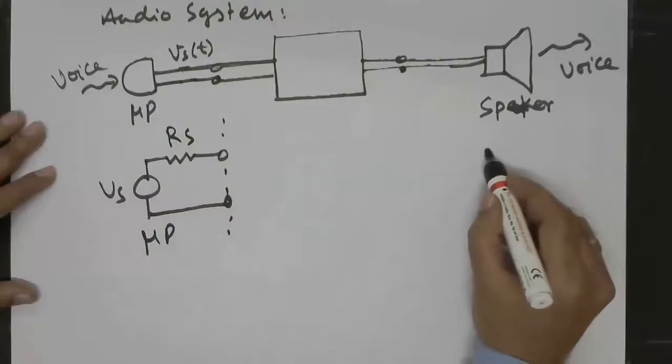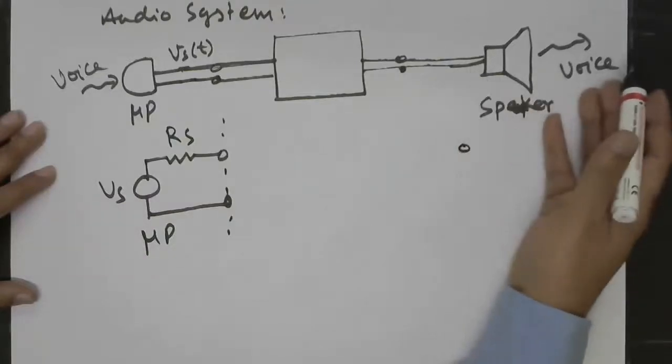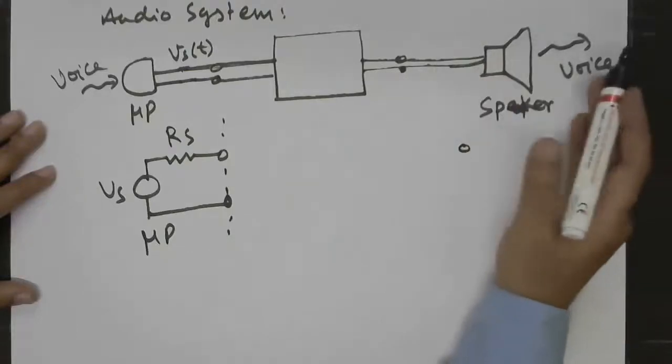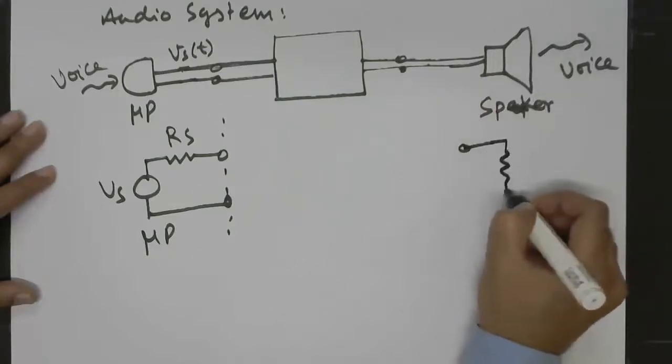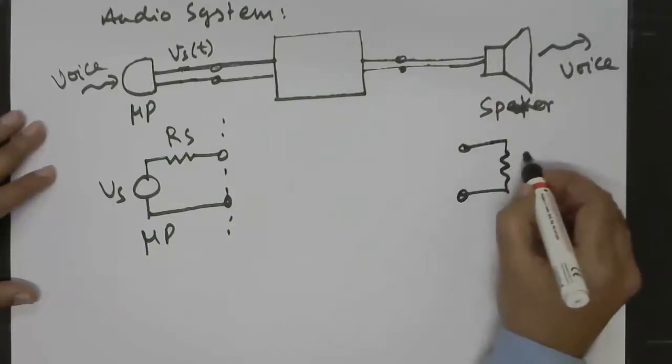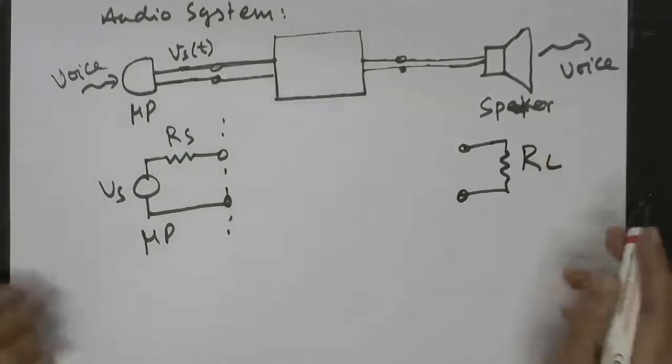and then speaker, what it does, it takes electrical energy and converts into sound, that means mechanical energy. So it consumes the electrical energy, and we know that a resistor consumes the electrical energy. So speaker will be simply represented by a resistor.